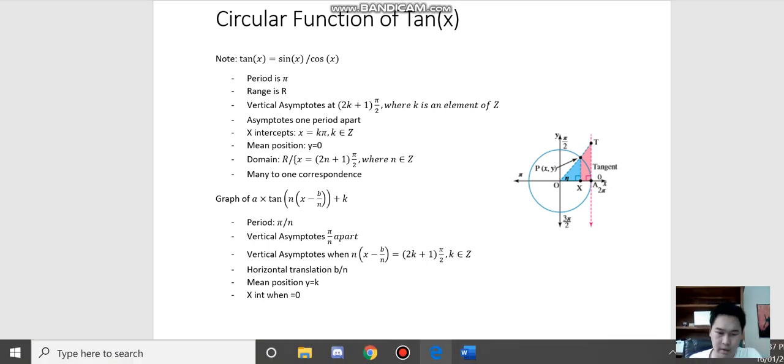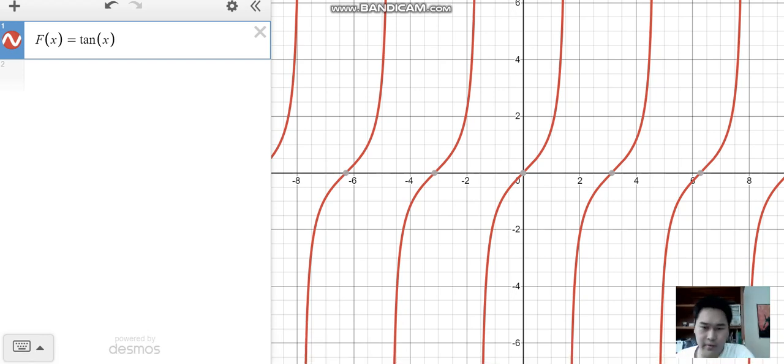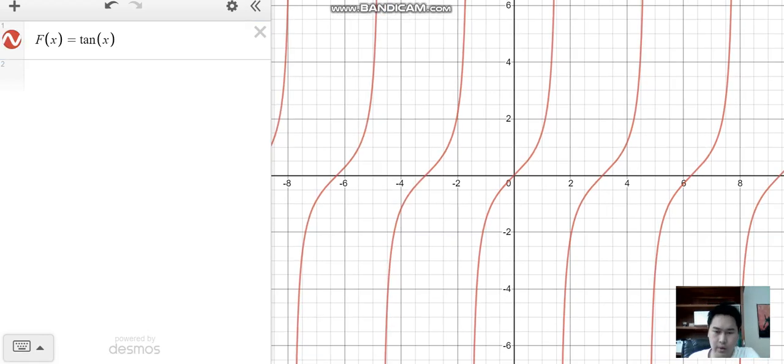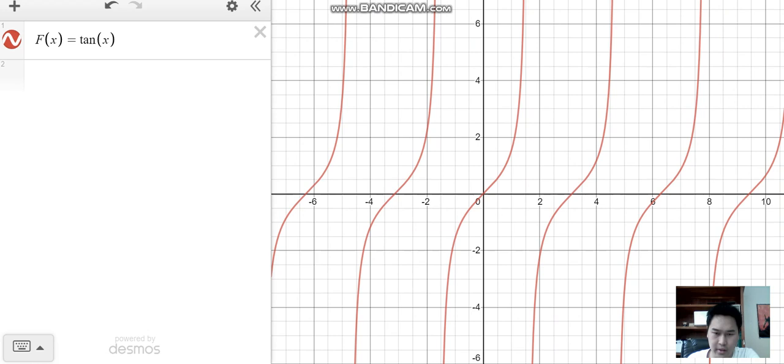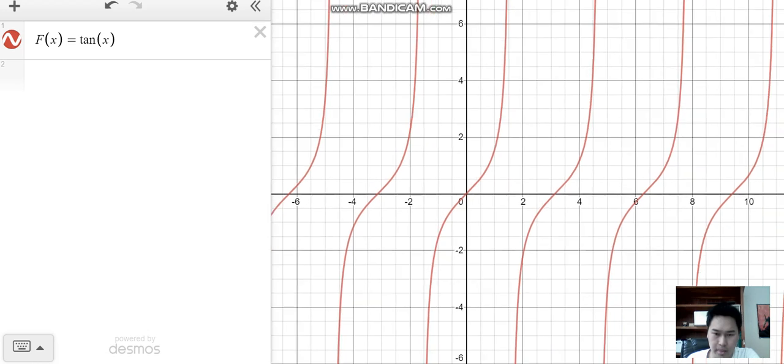So if we look at Desmos here, f(x) equals tan of x. We can see these curvy lines here, and at certain points there is a vertical asymptote. You can see that this pattern keeps repeating.